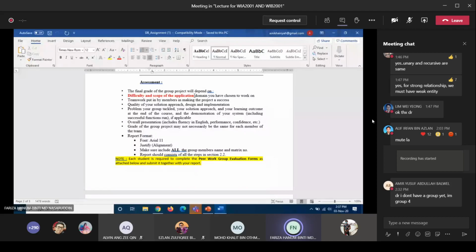And again, you need to look into the scope of the problem. So for example, let's say my mother is a school teacher, so can we do a database for the school?